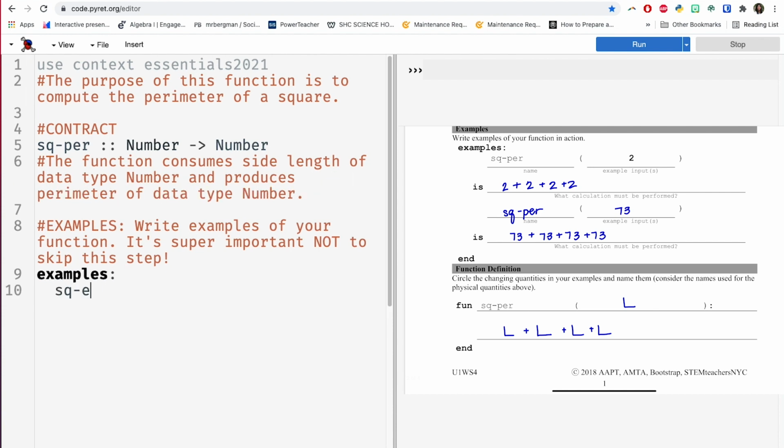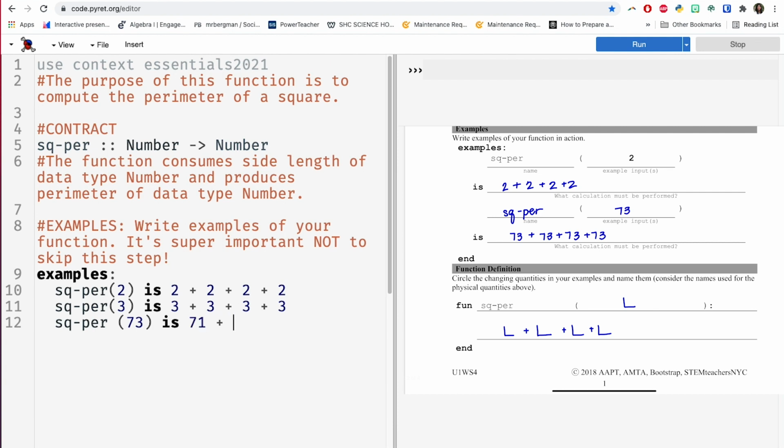Okay, so examples: SQ per, parentheses 2, close parenthesis, is 2 space plus sign. You need to make sure that you have a space before and after each plus sign. Okay, you can have as many examples as you want, or just one example. I like to give many examples so that it knows what's going on.